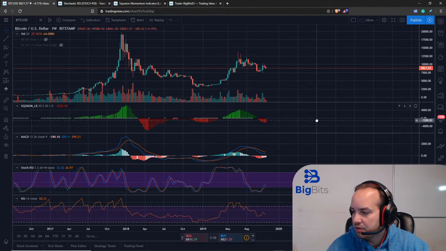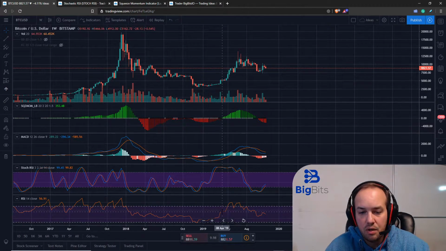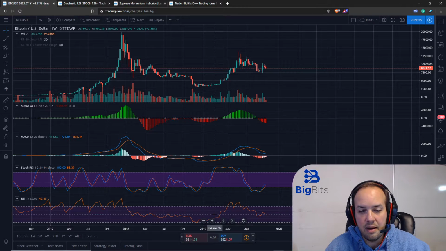Let me move this over so you can actually see it. We can see our RSI was increasing, and the stochastic RSI maxed out here at 100 while our RSI was still going up, and it continued to go up. That's because the RSI was continually hitting higher highs.